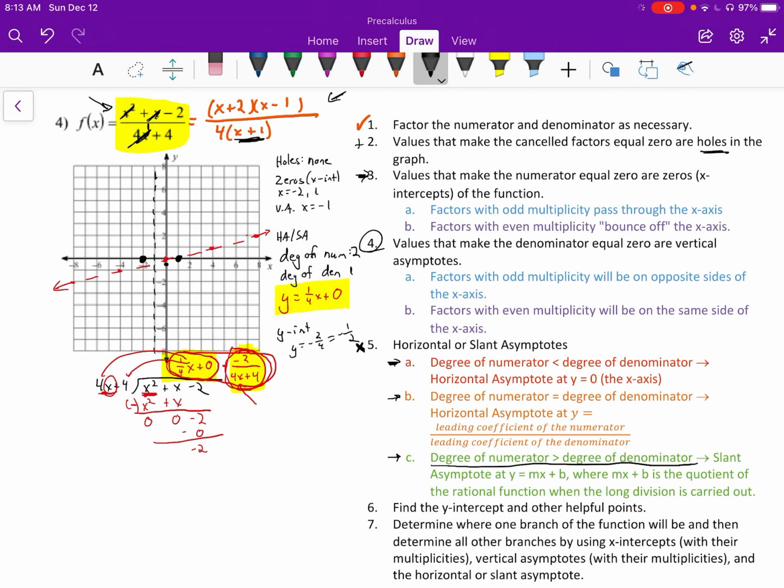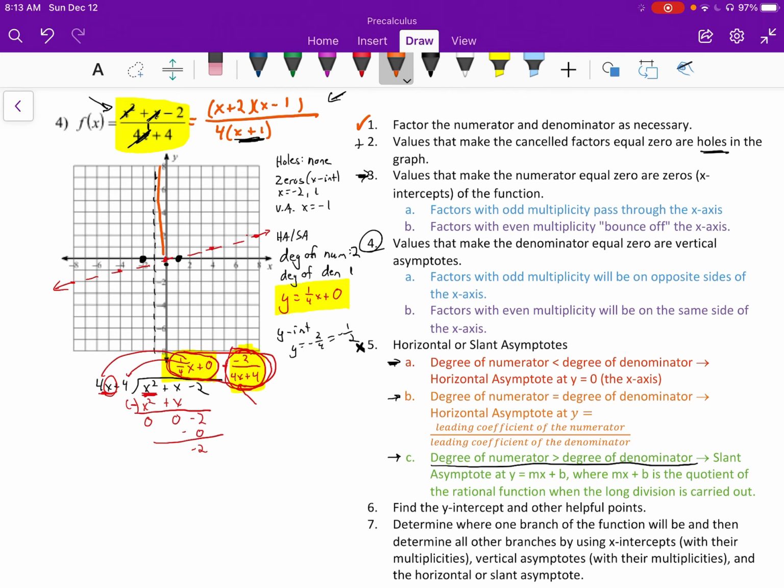So here's what we do. I'm going to look at to the right of my vertical asymptote, and I really have two choices. I could either come down and try to have this orange part.